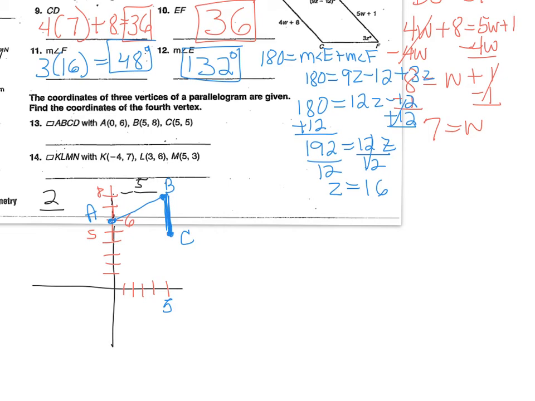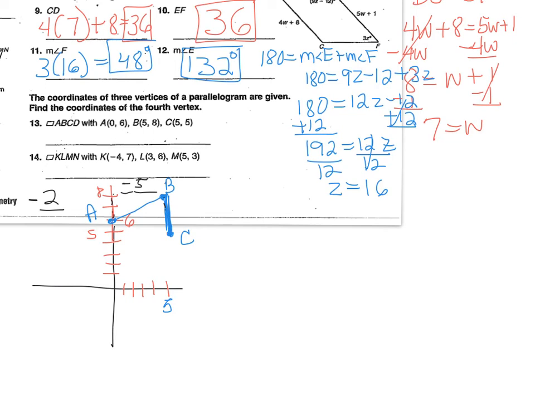That means it's going 2 down and then 5 to the left, because I'm going in this direction, down and then to the left. So from here, I'm going to go down 2 units and then 5 to the left. As I go 2 units down, I'm going to be at 3, and then going 5 to the left, it would be right here.